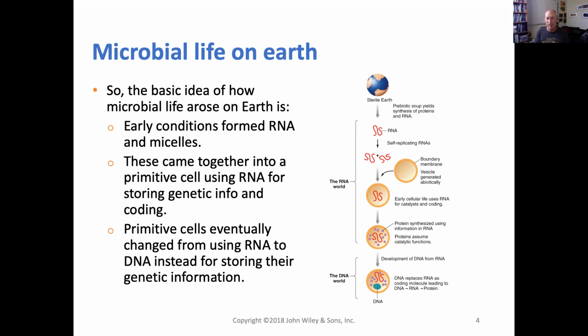RNA, we know, has the ability both to catalyze enzymatic reactions and also to catalyze, in some ways, its own replication, right? So the theory is that self-replicating RNAs evolved, and they joined up with lipid micelles, which could concentrate them and allow them to do their jobs more effectively.